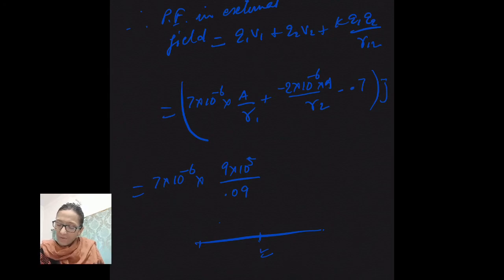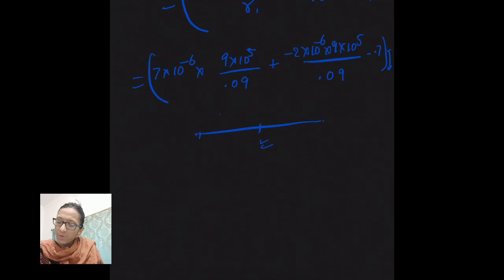If you are taking the distances from the origin, you are taking the potential energy at the origin itself, plus minus 2 into 10 power minus 6 into 9 into 10 power 5 upon 0.09, and this is minus 0.7 joule.